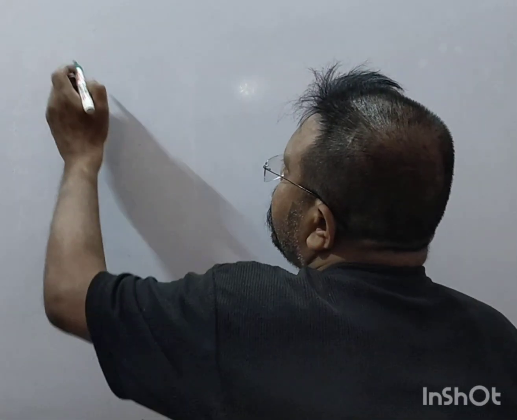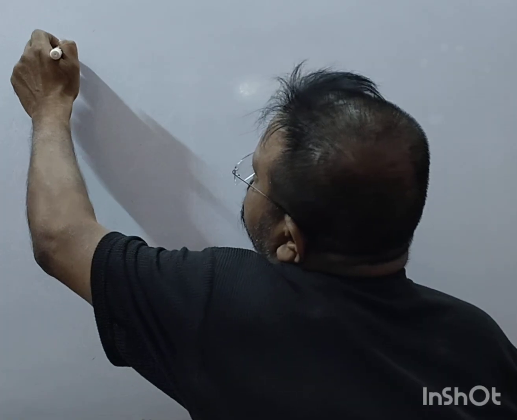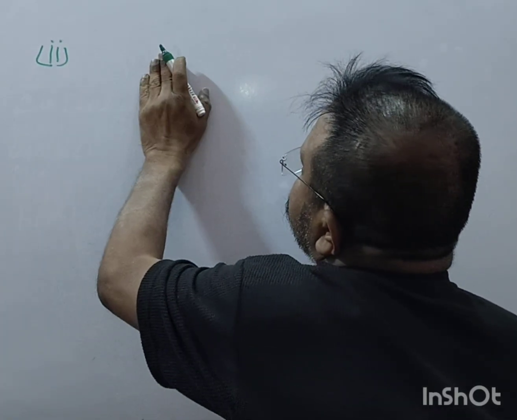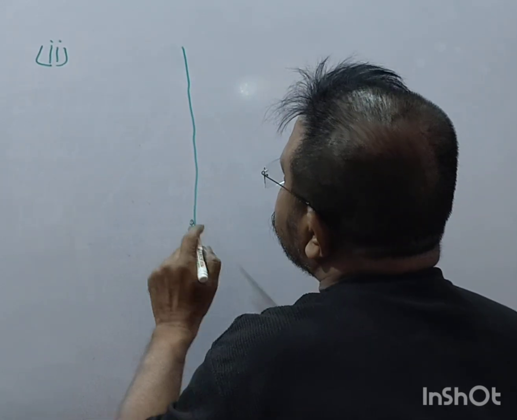We know that the hypotenuse is always the longest side, opposite to the 90 degree. Like the second part we have, this is like this. This is the right angle.